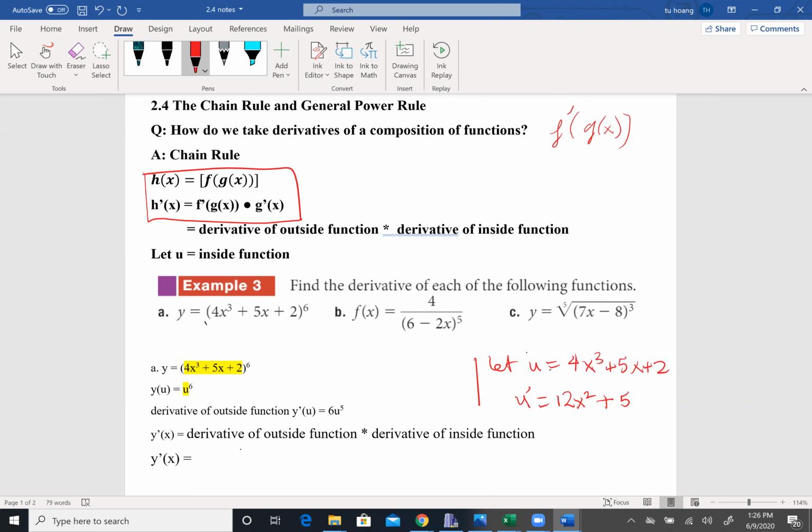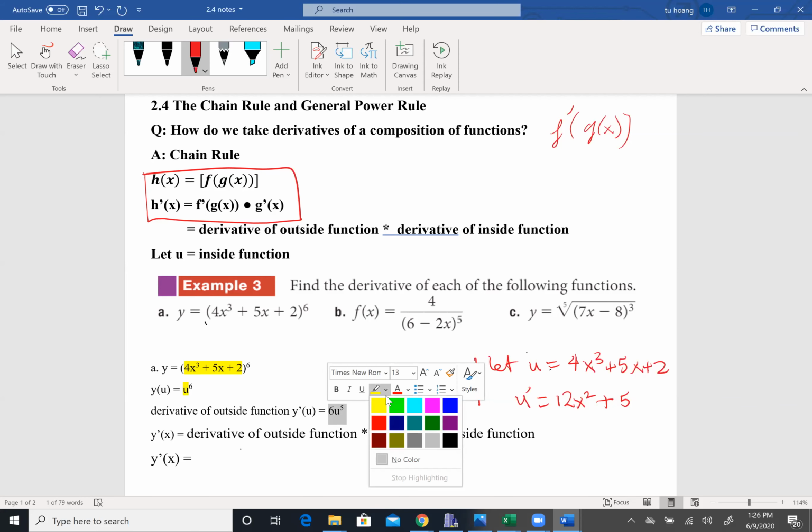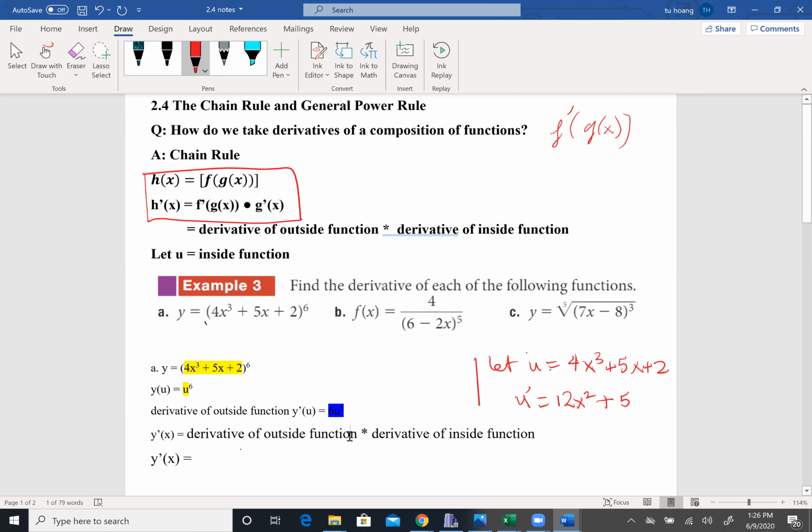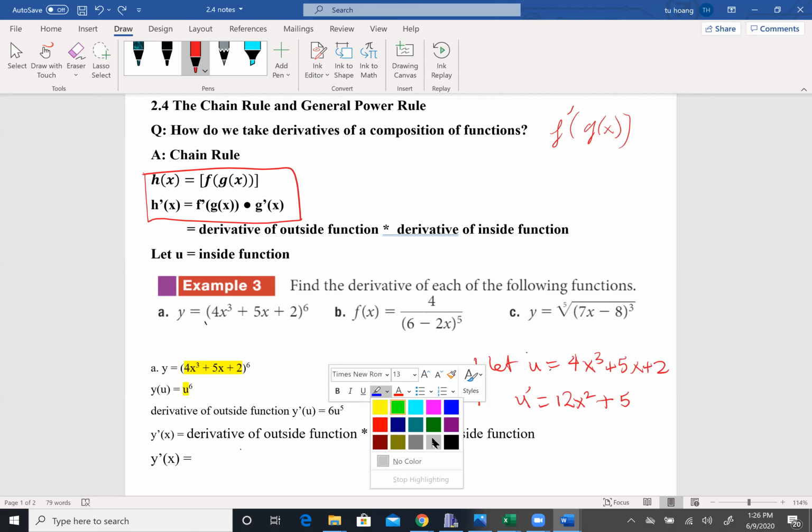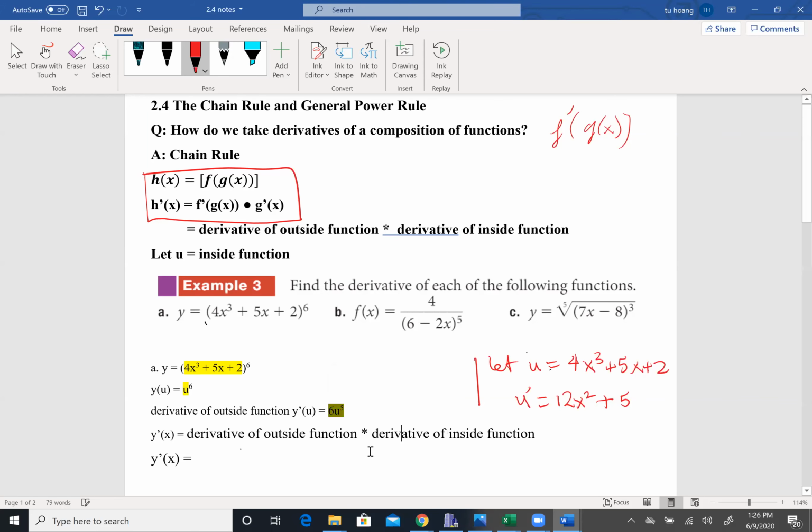The derivative of the outside function is 6 u to the power 5.